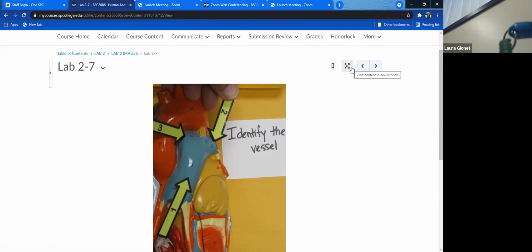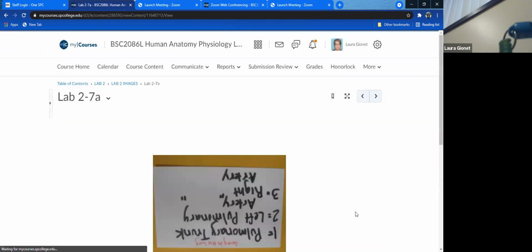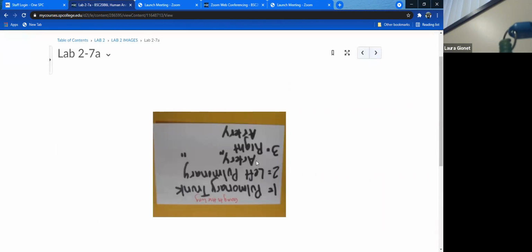So it's going to branch off to go to the right lung and the left lung and drop off all that carbon dioxide. The card's upside down and I'm unable to rotate it. But you have pulmonary trunk, left pulmonary artery, and the right pulmonary artery. I don't know how we got it upside down, but anyway.